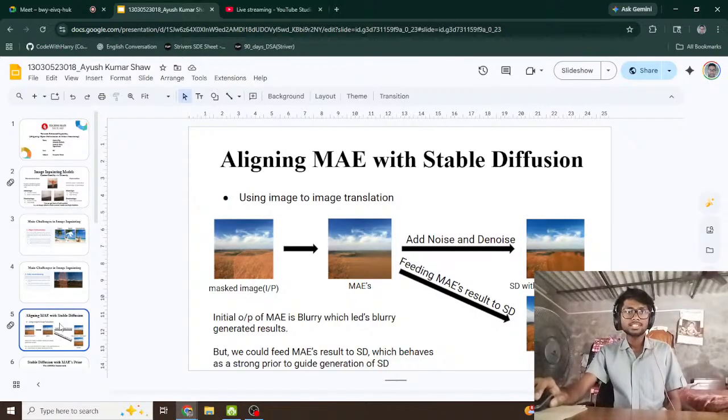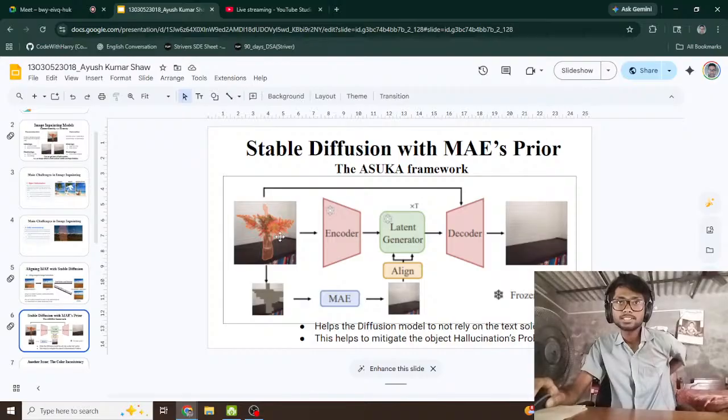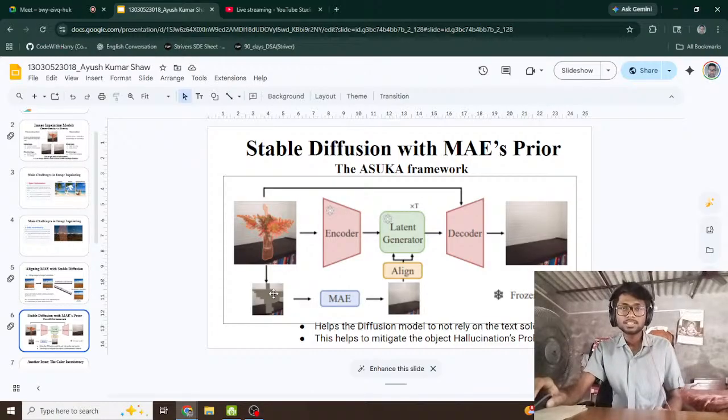So the author tries to mitigate this by using feedback, meaning giving the feedback of the MAE as a prior to the latent generator of the VAE, sorry, of the stable diffusion. What they do is they pick the image, remove the masked portion, and give that image to the MAE to predict the image.